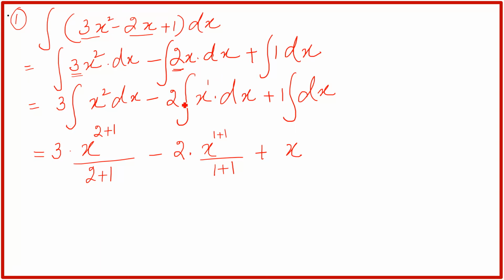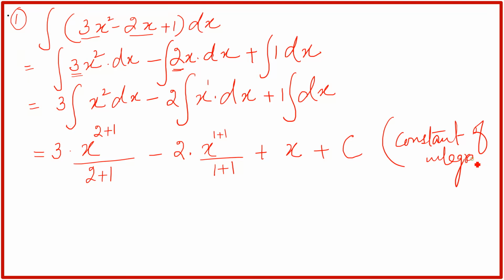And now see, all your integral signs have been removed. Then you have to add one more thing, which is called the constant of integration, C. You do not add it in the step in which you remove the integral sign.